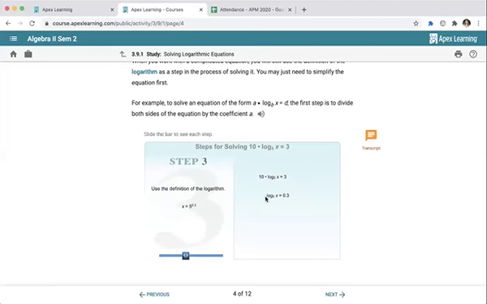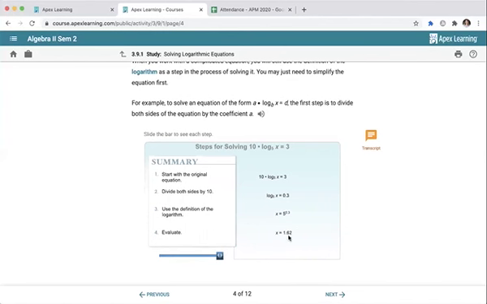Then we are left with our logarithmic expression, and we can rewrite it using our definition: 5 to the power of 0.3 equals x. We plug that directly into our calculator, and we can get out a value rounded to 2 decimal places.